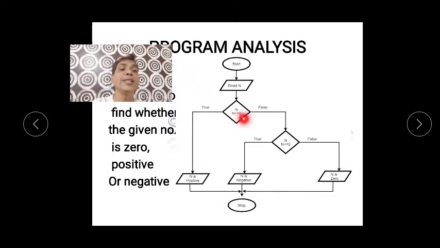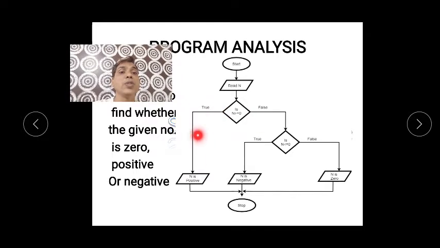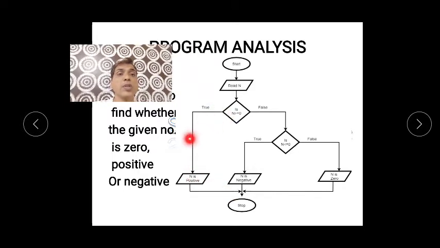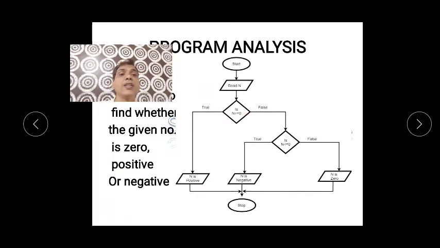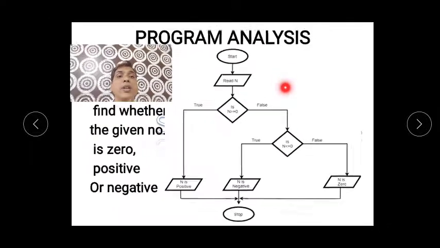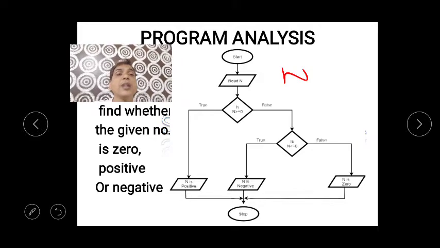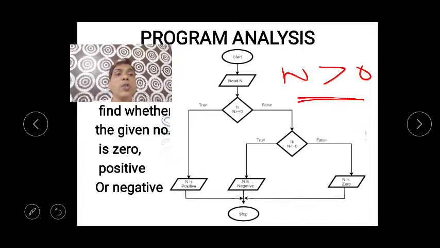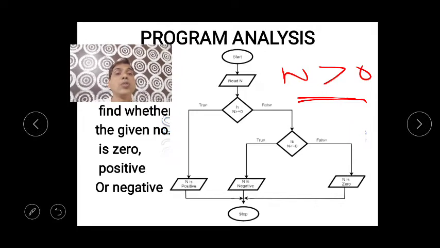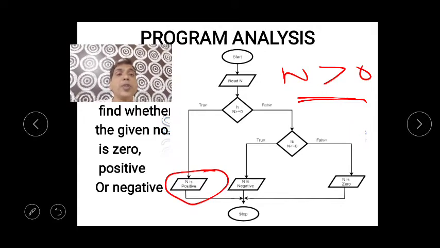If n is greater than 0, then it will come here and it will check whether the number is positive. I think it would have been better if they had written n is greater than 0 instead of including equal to. So it will just show you that n is positive.